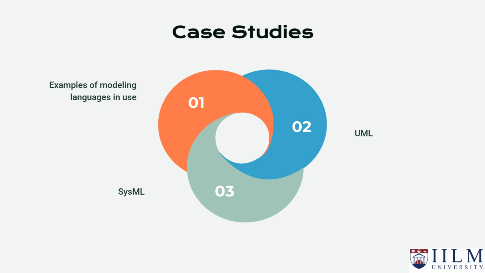So we can create a general purpose visual modeling language that is intended to provide a standard way to visualize the design of a system. Normally this UML helps software developers visualize, construct and document new software systems and blueprints.